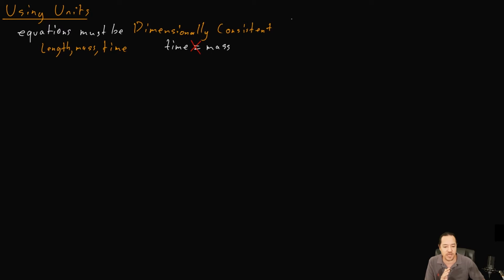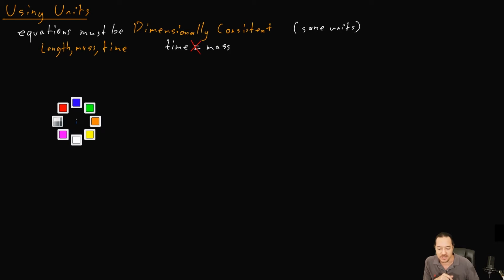And the easiest way that we do this is to ensure that they have the same units. That's how we're going to be able to check this. So let's do a quick example to illustrate. Let me give you some information. I'm going to tell you that the density of water is 1,000 kilograms per cubic meter, which is pretty heavy stuff.